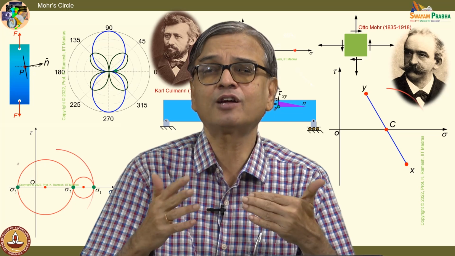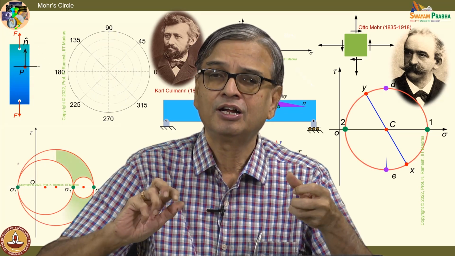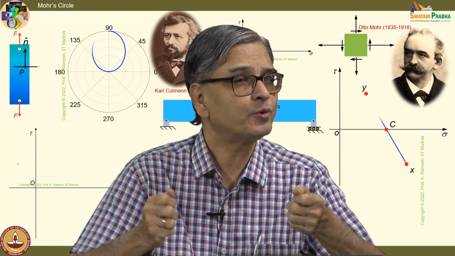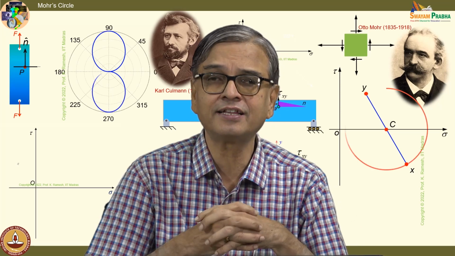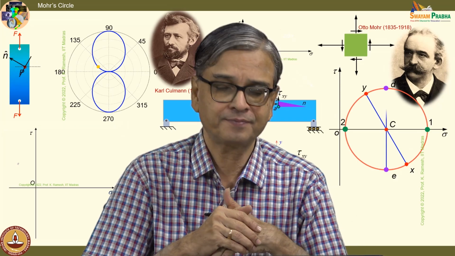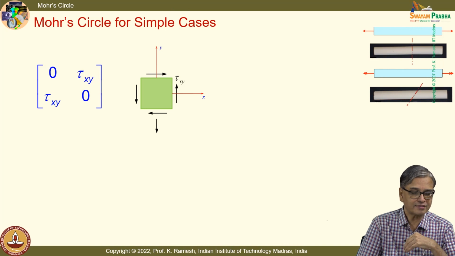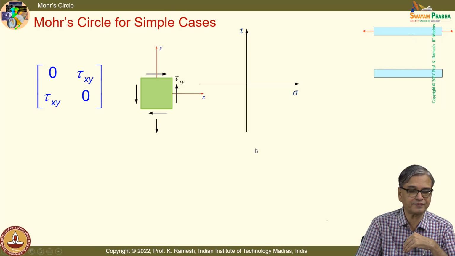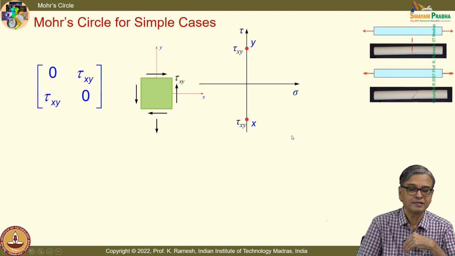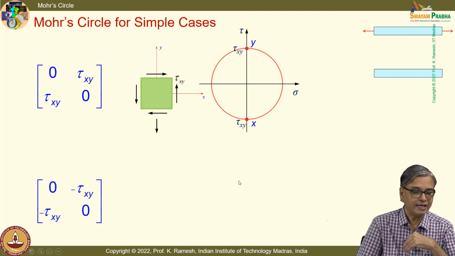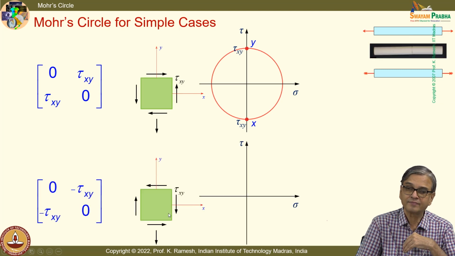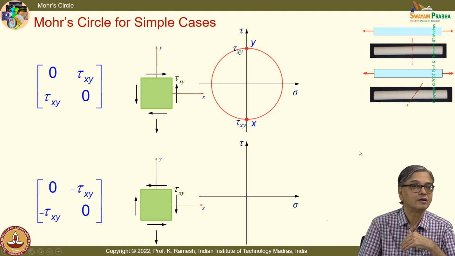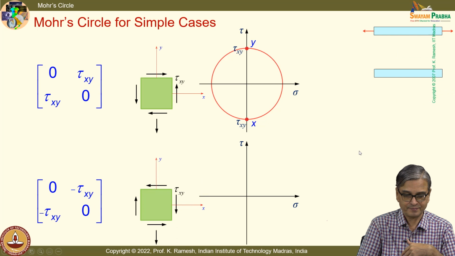We have seen without a proof that torsion introduces a pure shear stress state, which we saw in the very first lecture. So, I have two cases, this is a positive shear, I have the graph, the Mohr circle is drawn. I also have the negative shear. What will be the difference between the two? X and y will be swapped.